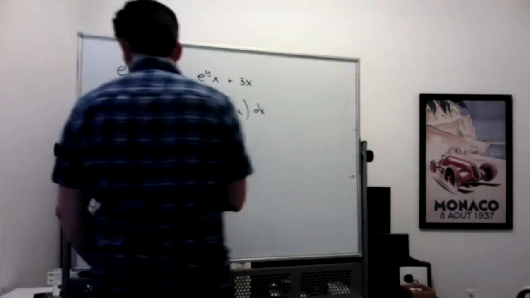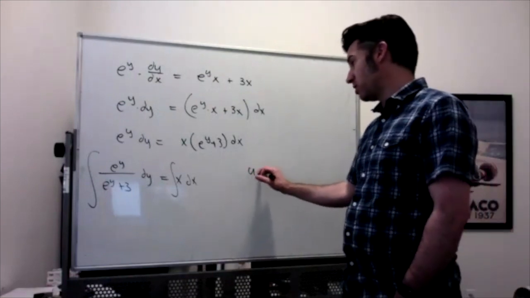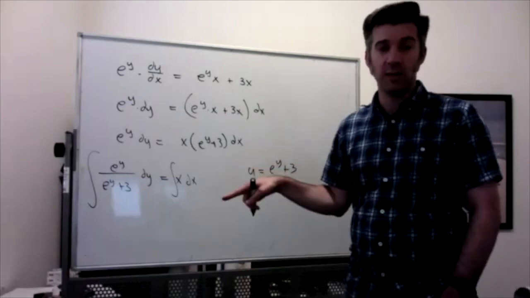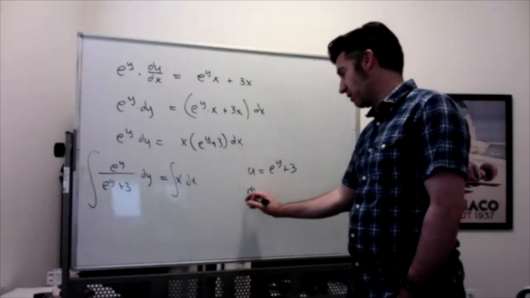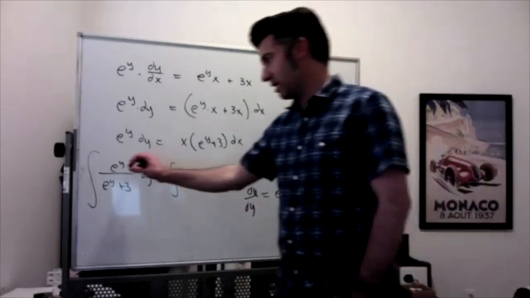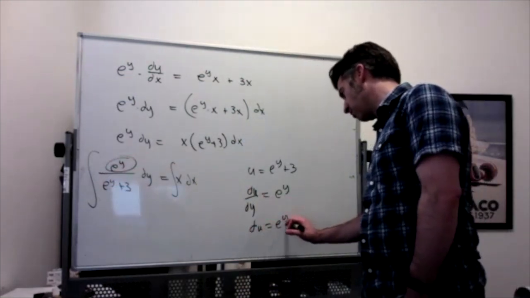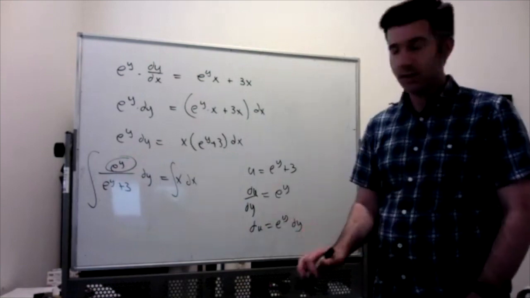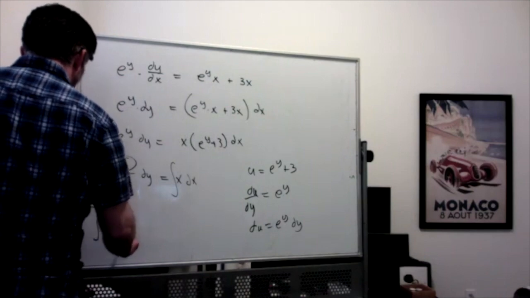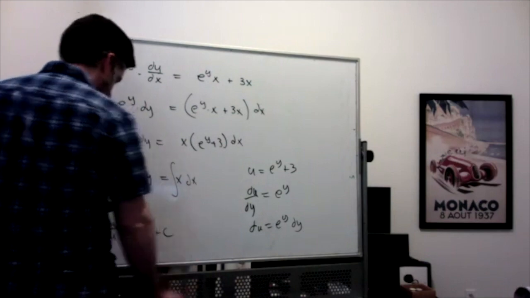And so here, again, we're going to need to do a u sub. I want to pick u to be e to the y plus 3, first because it is in the denominator, but second because its derivative, du/dy, is equal to e to the y, and I exactly have that right there. So du is equal to e to the y dy, so this becomes the integral of du over u equal to x squared over 2 plus c.